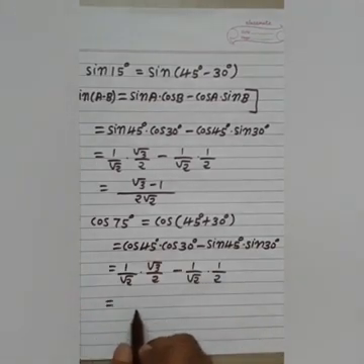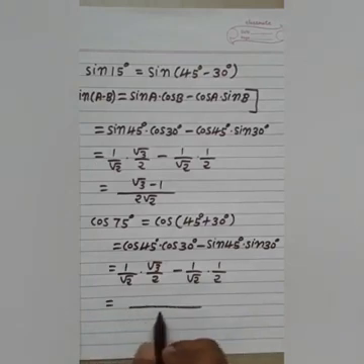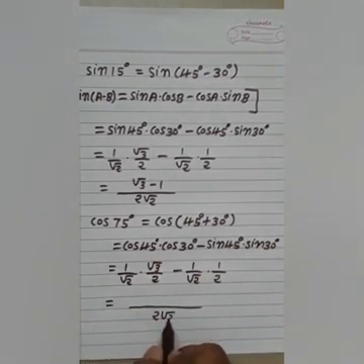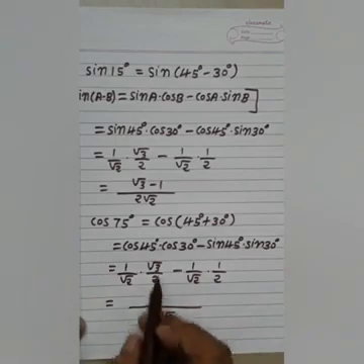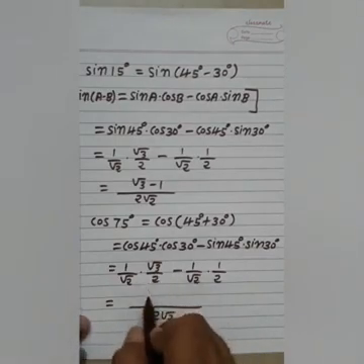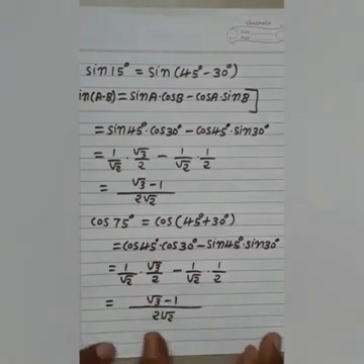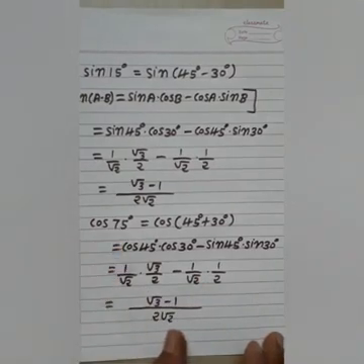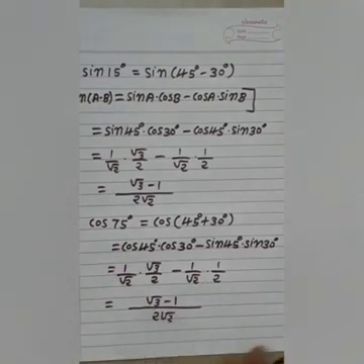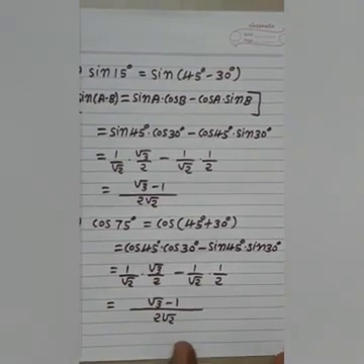Now the LCM is the same in both terms, so our LCM is 2 root 2, and the answer is root 3 minus 1 upon 2 root 2. So the value of cos 75 we get this. Okay. Now after this discussion, another question.